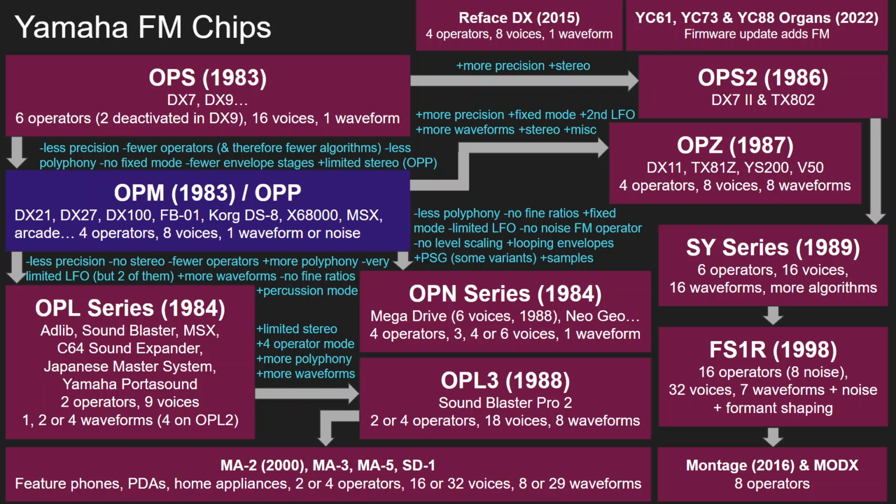So what was the difference between OPS and the DX7 and OPM? So, less precision. For example, we've seen when I've been using my synthesizer that the attack rates and decay rates go from 0 to 31.